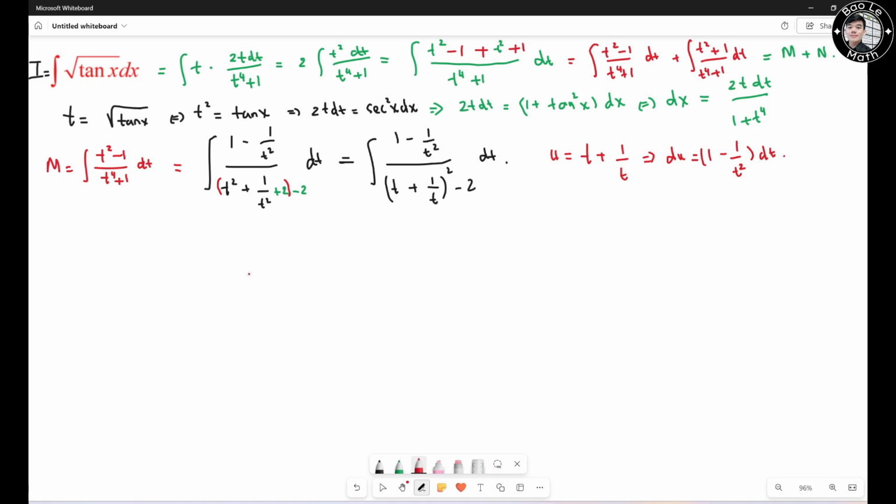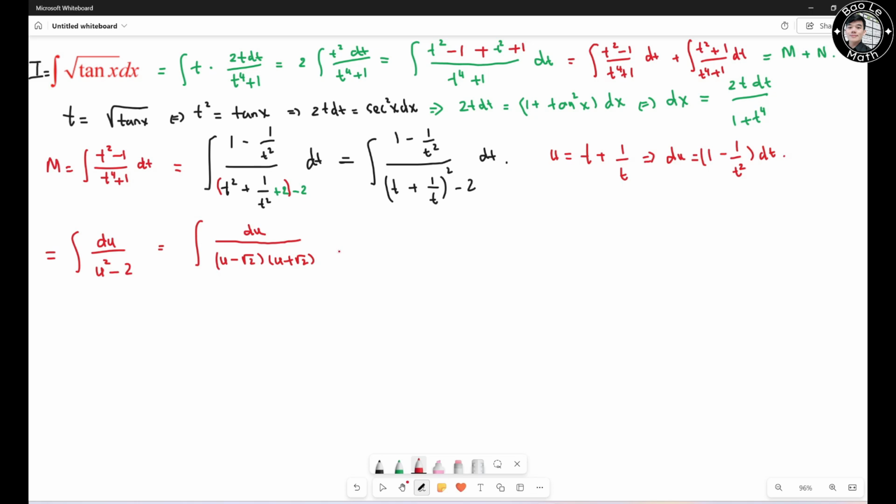So I substitute back, and this becomes the integral of du over u squared minus 2. This turns out to be the integral of 1 over u minus root 2 times u plus root 2 du.